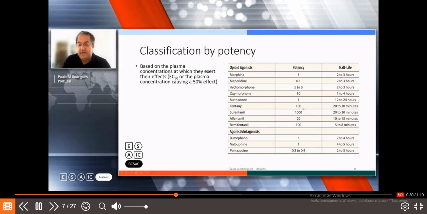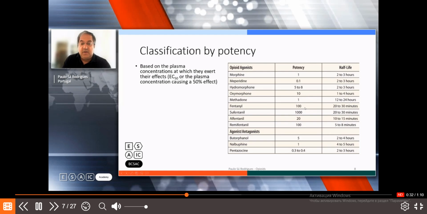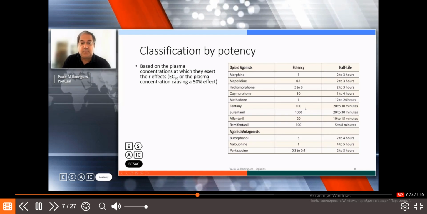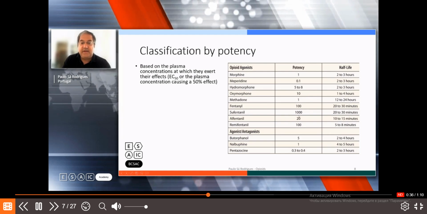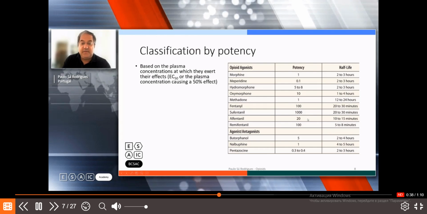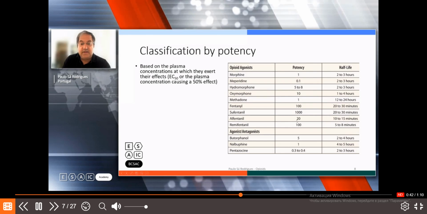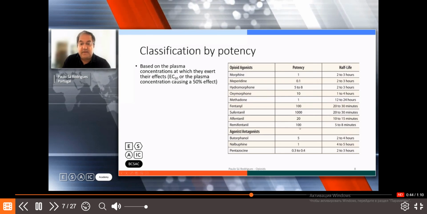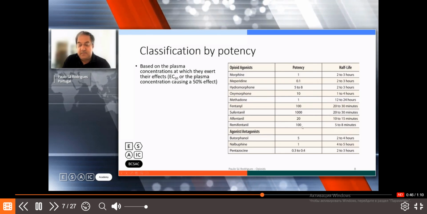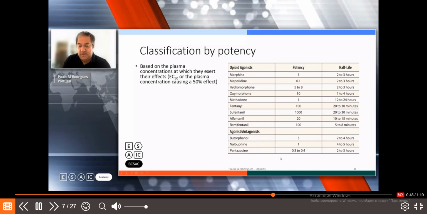So fentanyl is about 100 times more potent than morphine, sufentanil 1,000 times, alfentanil about 20 times more potent than morphine, and remifentanil about 100 times more potent than morphine.